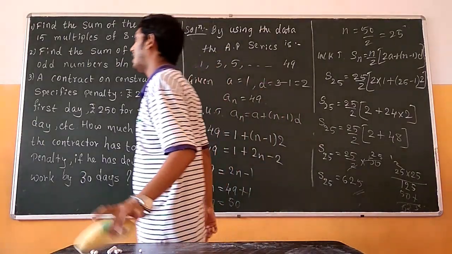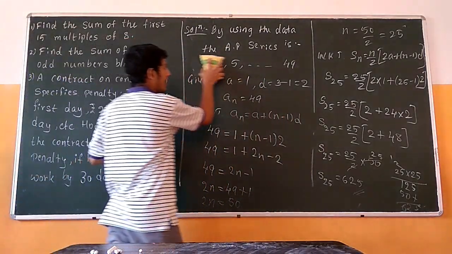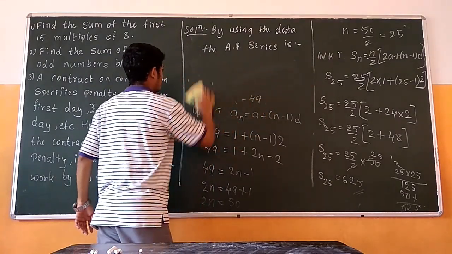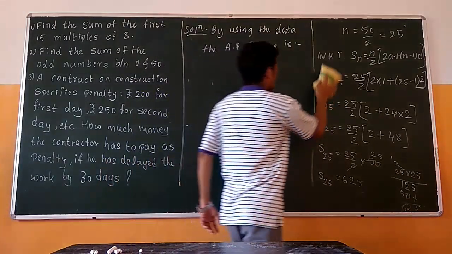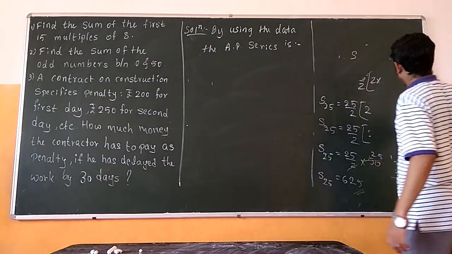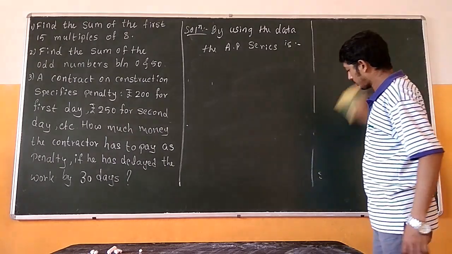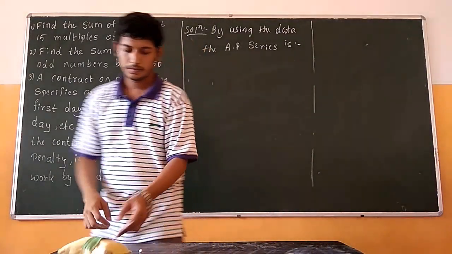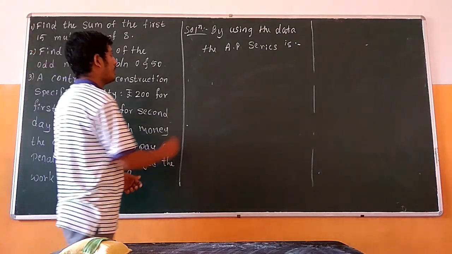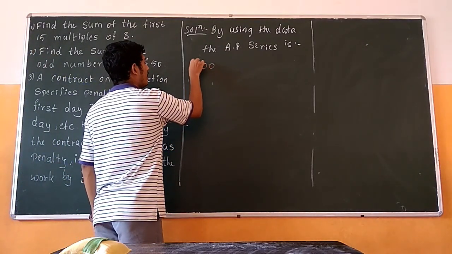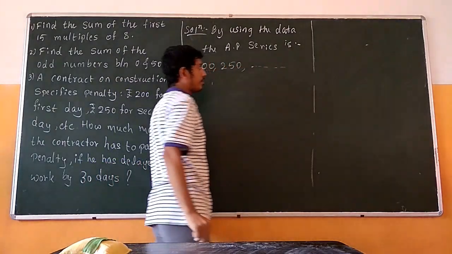By using this data we can write the arithmetic progression series as 200, 250, and so on.